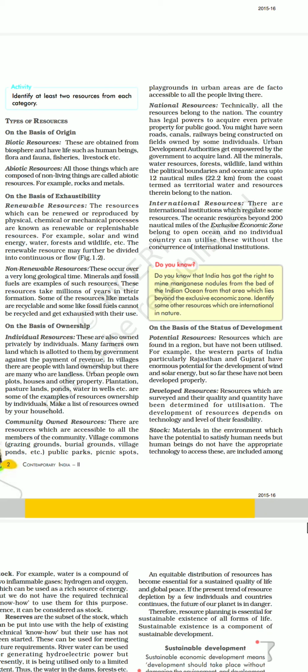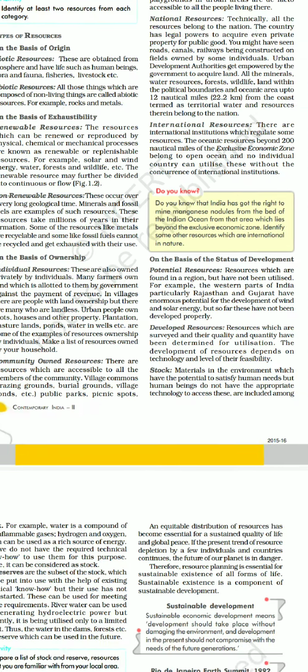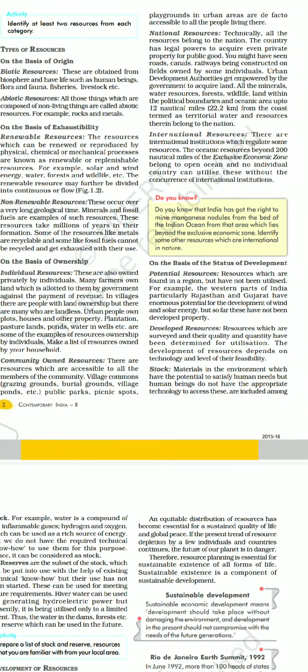Now let's move on to the next division, that is stock and reserves. First, let's analyze what is stock. The simple meaning of stock is we have a stock of something but we have not used it. It is still in the form of stock.